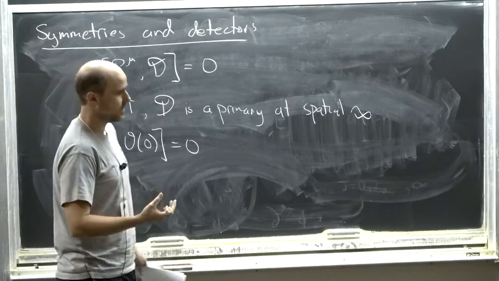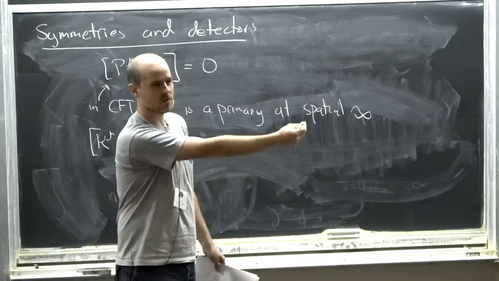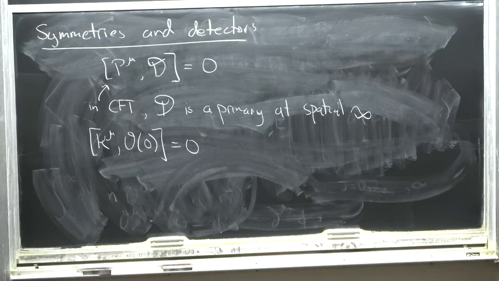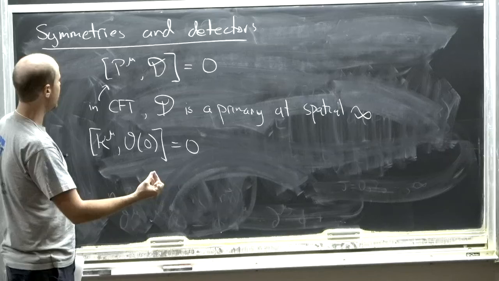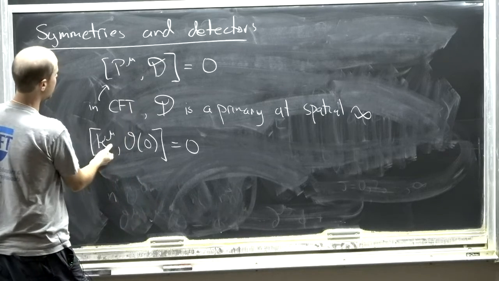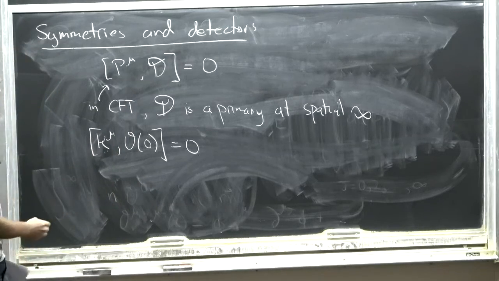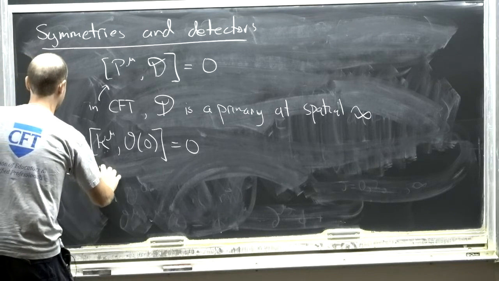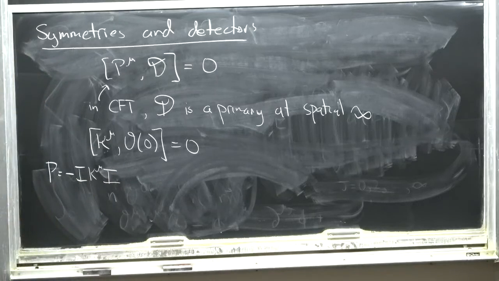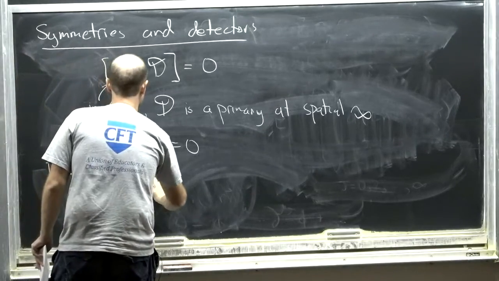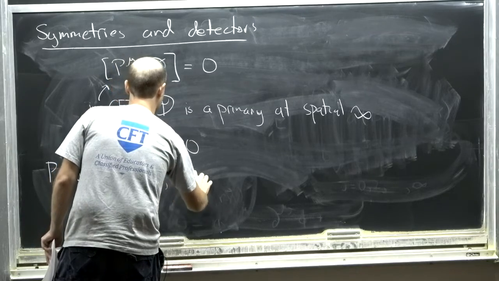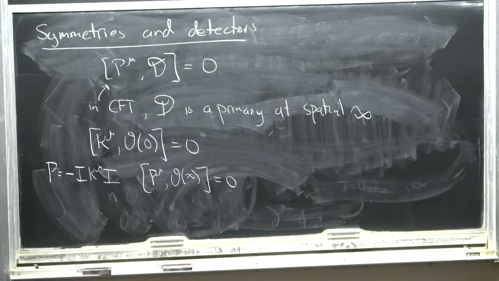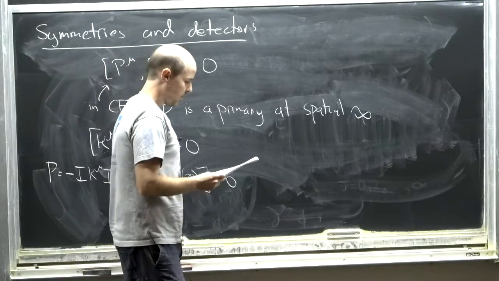Another way to think about it is it's a particular limit as the local operator goes to infinity along some direction. And when you do that, a primary operator at infinity, instead of being killed by K, is killed by P, which is the image of K under an inversion. So the momentum generators are the image of K under an inversion. And so this means that a primary operator at infinity is killed by P. So a detector transforms like a primary operator at infinity.